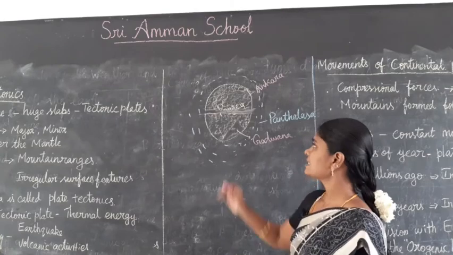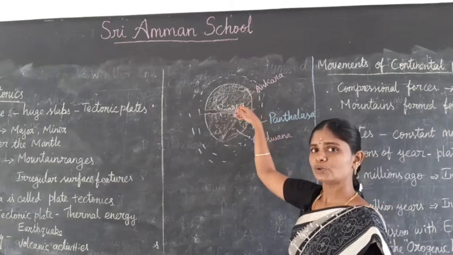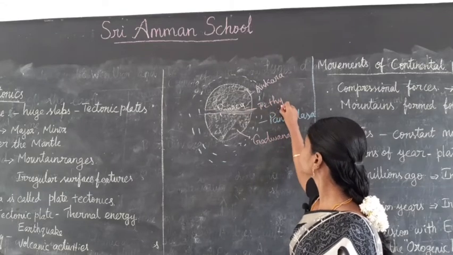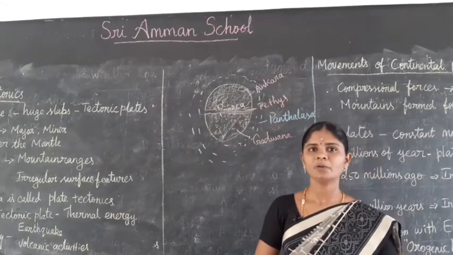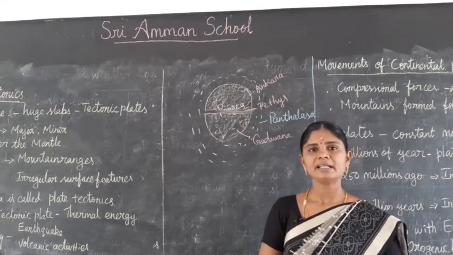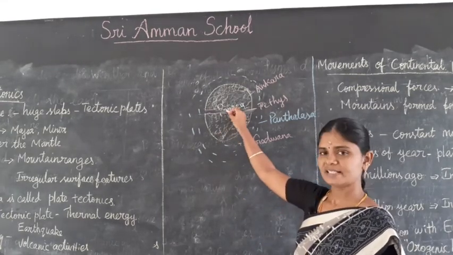The sea separating these two continents is called the Tethys Sea. The rivers of these two continents deposited their sediments in the Tethys Sea.